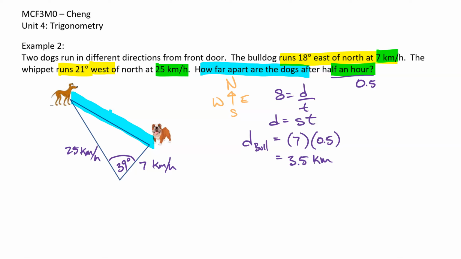Okay? So we're going to come back, and we're going to label that. I'm going to take this out. 7 kilometers per hour is now out, and I'm going to write his actual distance, which is 3.5 kilometers gone in half an hour. Now, what about the whippet?